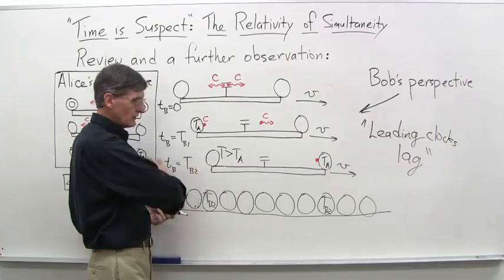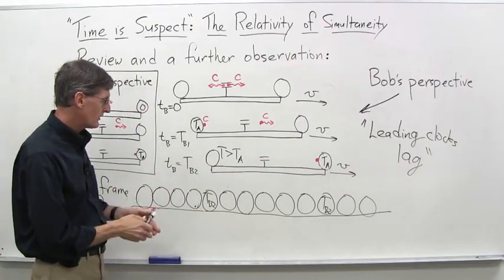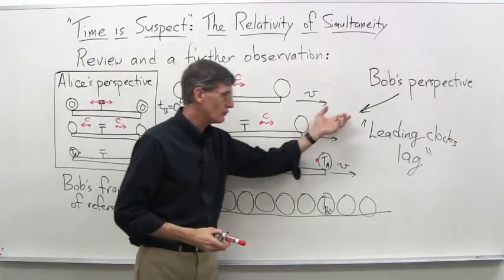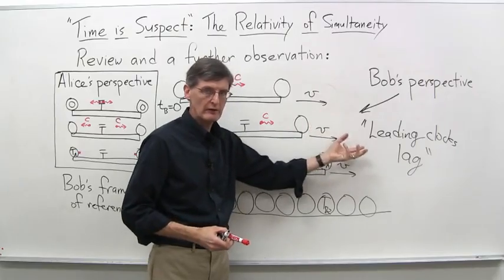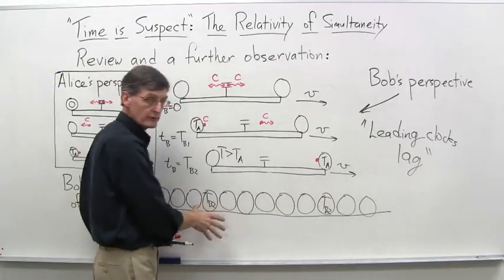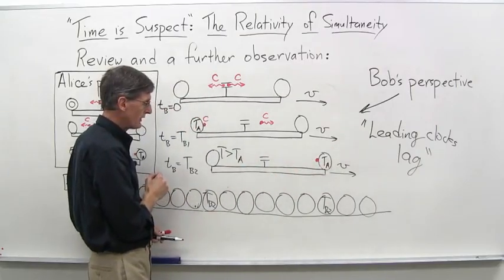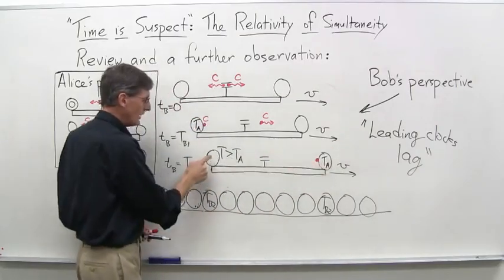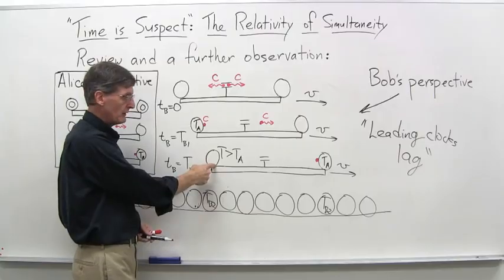And clearly the weird result here, which takes a while to get our minds around, is why sometimes it's useful to state it as a succinct principle and just memorize it: leading clocks lag. Alice's clocks, as far as Bob is concerned, the leading clock on the leading edge as she's moving in that direction is going to be behind a trailing clock, wherever it might be.